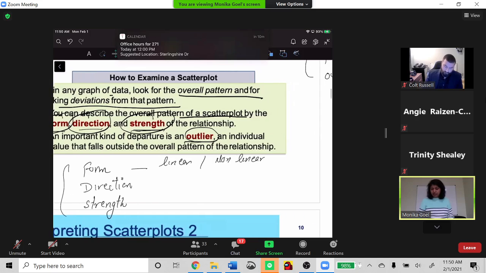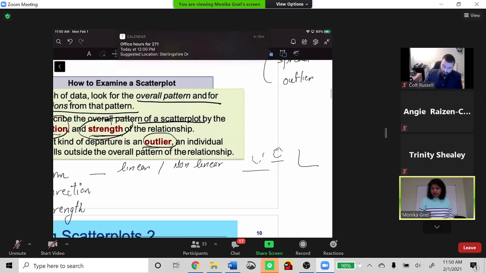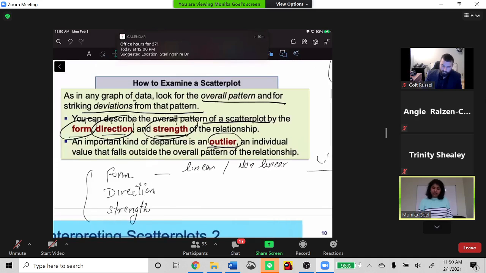And if it's not making the form of a line, it can be a curve, or anything that is other than a line. So if it is not making the form of a line, we call it non-linear. So linear, again, is the form of a line. Anything other than a line is non-linear.